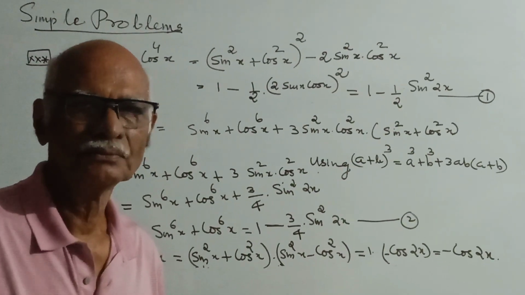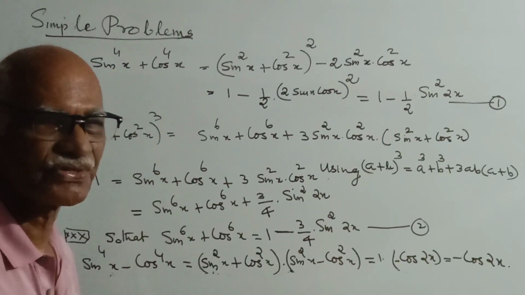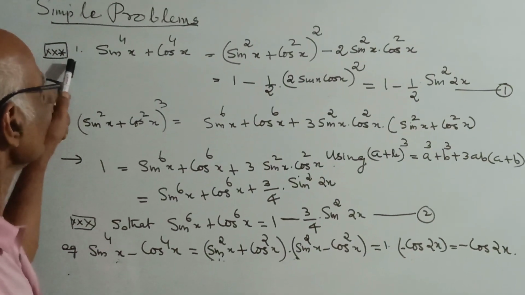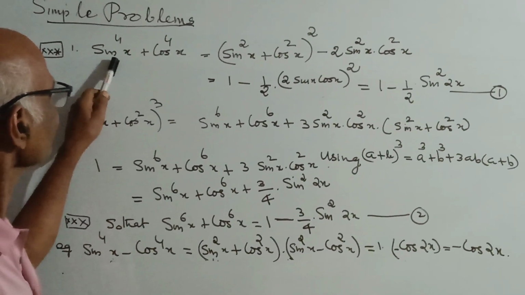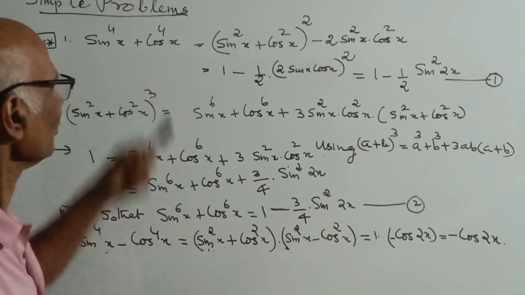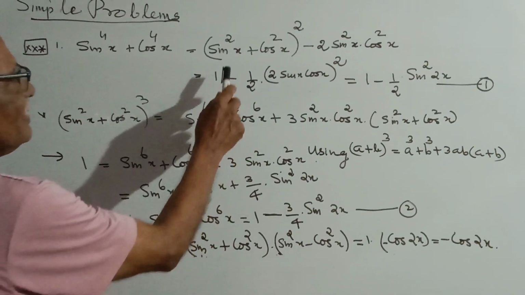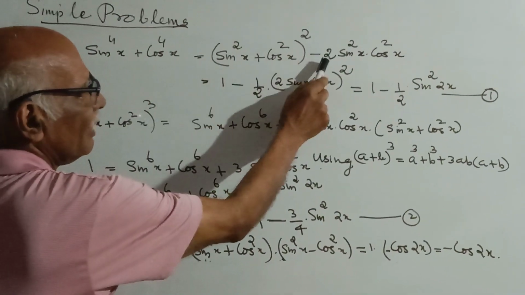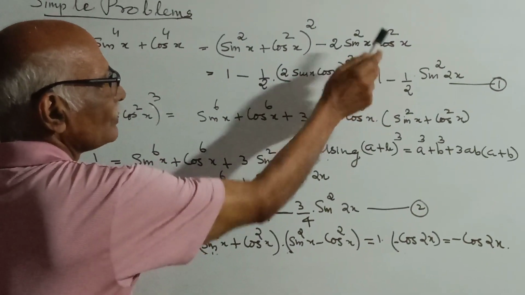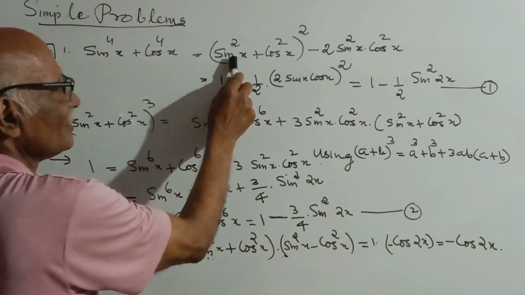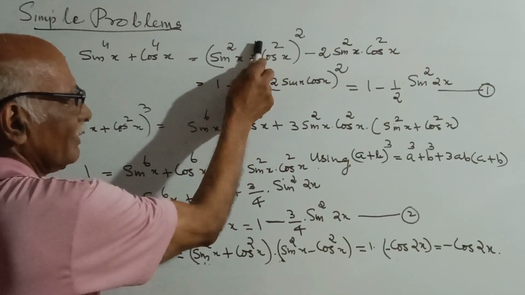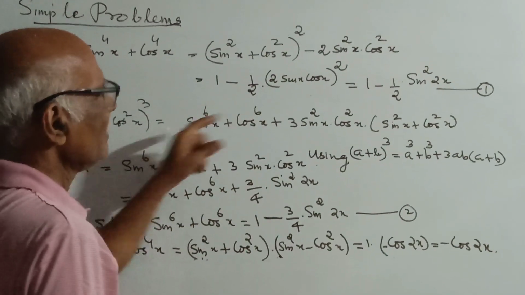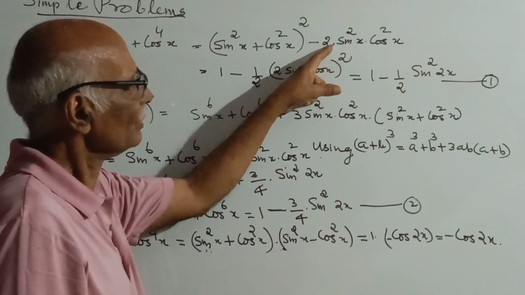We continue. Simple problems. Result: sin raised to 4x plus cos raised to 4x. You know it is sin squared x plus cos squared x the whole squared minus 2 sin squared x cos squared x. And sin squared x plus cos squared x is 1. So 1 minus 2 sin squared x cos squared x.